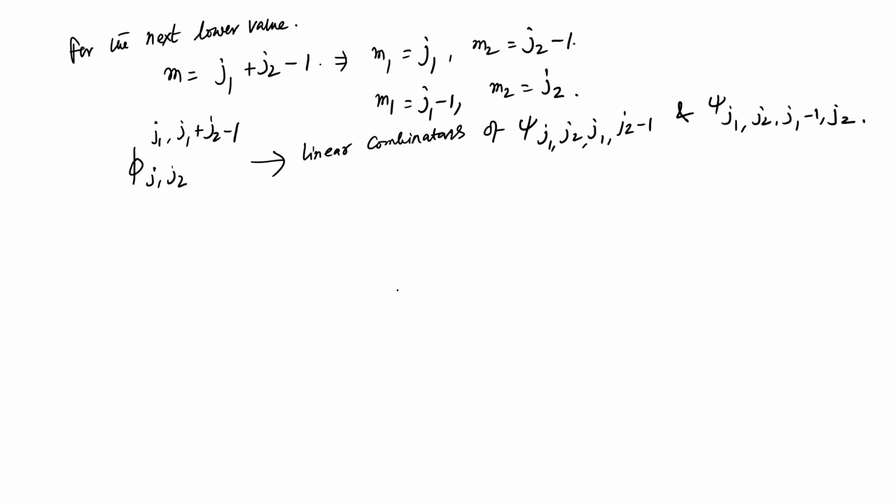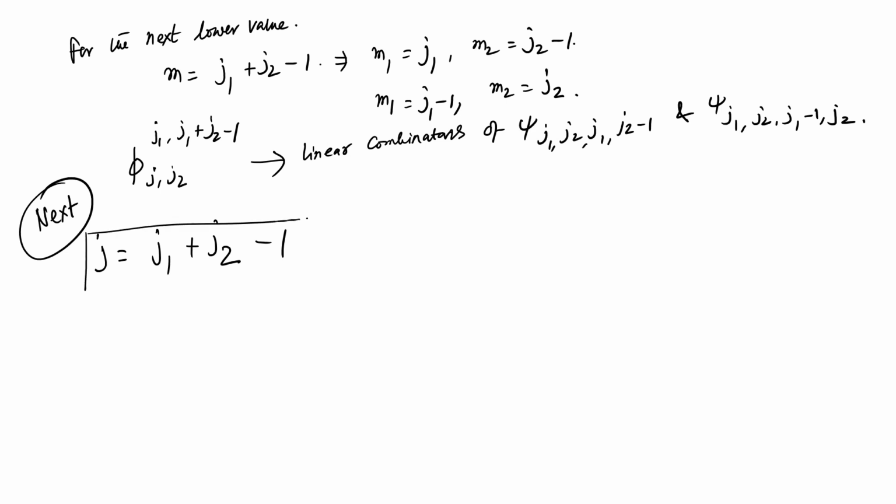Now, there is one more thing that we are missing here. What happens when your M or rather your J, next value of J, that is J equal to J1 plus J2 minus 1. So, that is next.